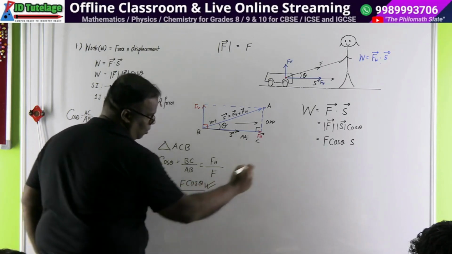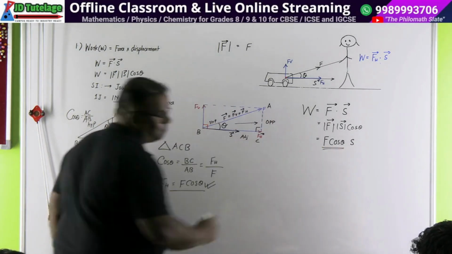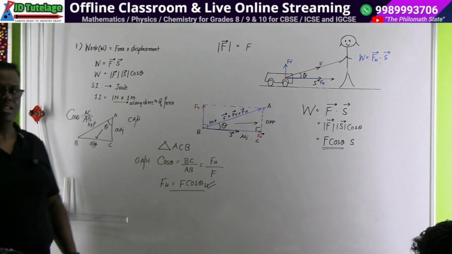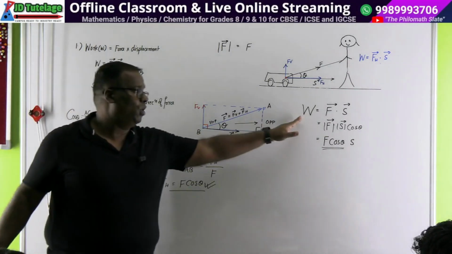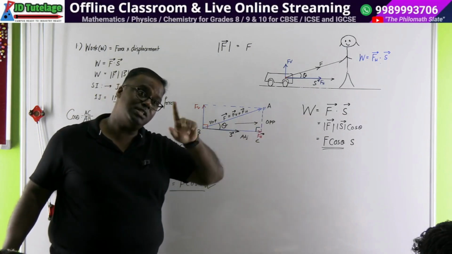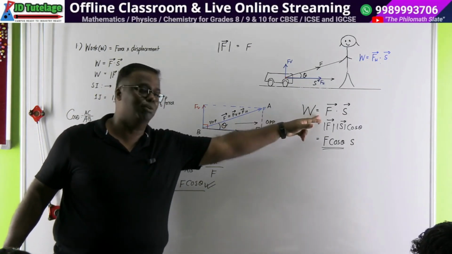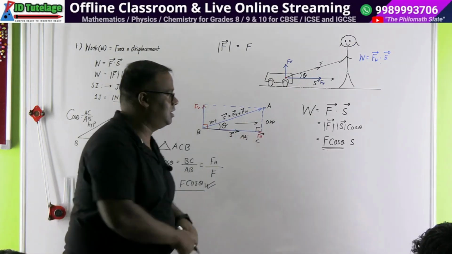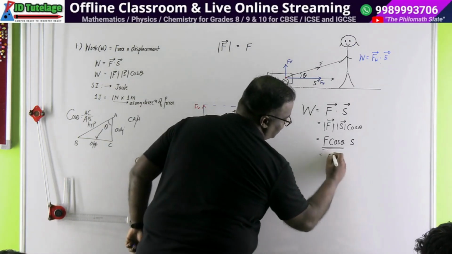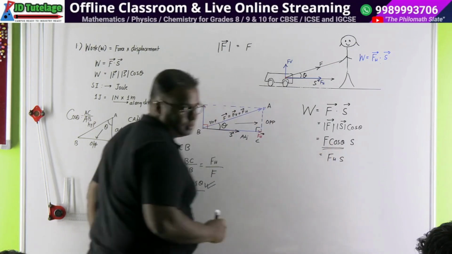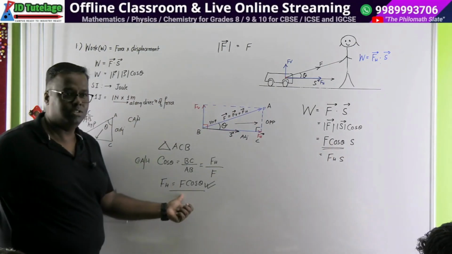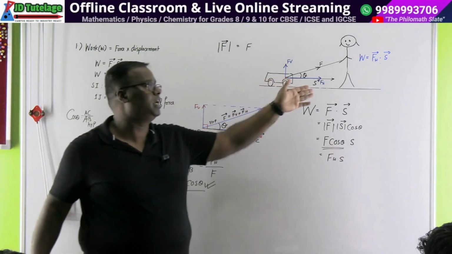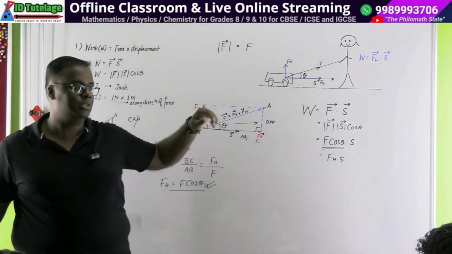Pay attention to this and this, did you understand something? Work done will always take that force if you use this formula, which is along the direction of displacement. What is Fs cos theta? Can I not write it as Fh into S based on this? Now you go to your diagram and start questioning yourself.